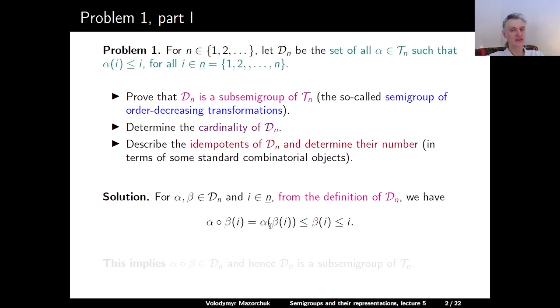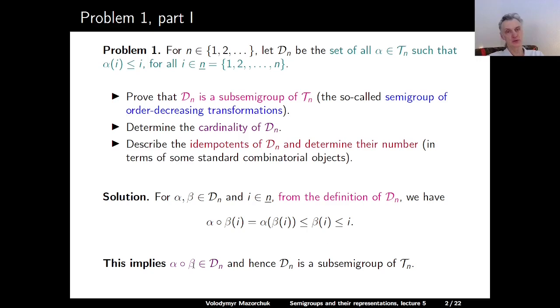But since alpha is order decreasing, this is less than or equal to beta of i, the argument. And since beta is order decreasing, this is less than or equal to i. This shows that the composition of alpha and beta is an order decreasing transformation, so it belongs to Dn. And this means that Dn is a sub-semigroup of Tn.